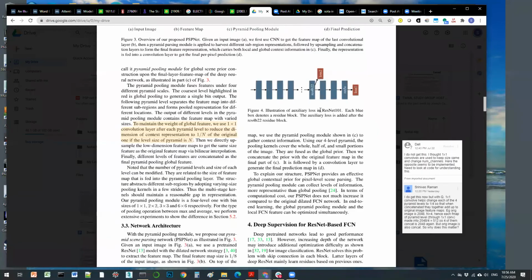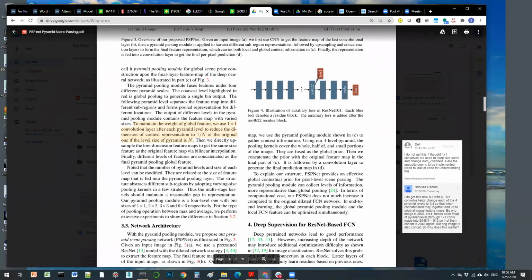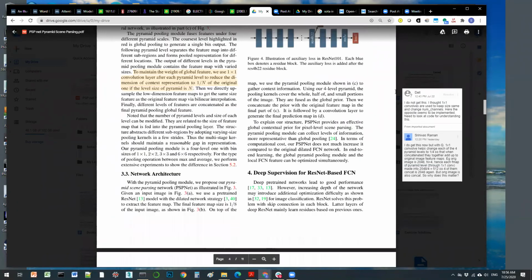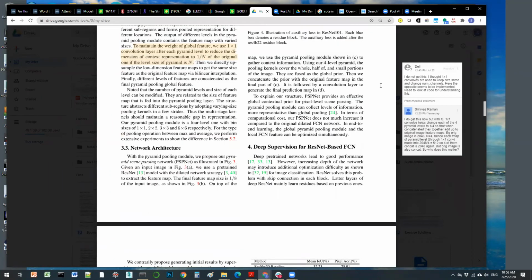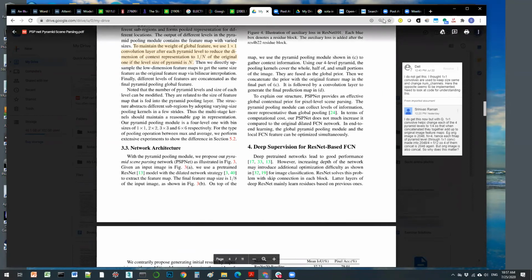The auxiliary loss is something that they tap off at some point in the pipeline of convolutions. They have ablation studies which talk about how much this auxiliary loss helps, and they only apply the auxiliary loss during training. During inference, I think they don't do anything with it.